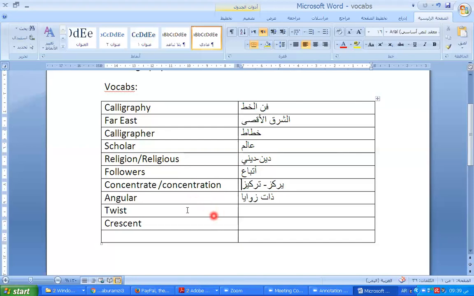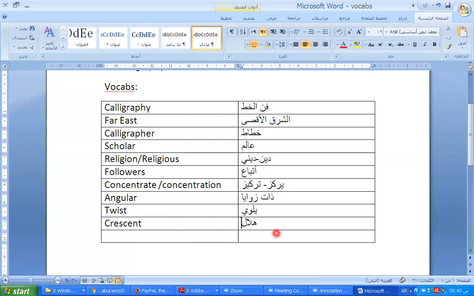Angular. Angle, angle, angular. من كلمة angle اللي هي زاوية. Angular، زاوي. ما أدري إذا كانت الصفة صحيحة بالعربي. نقول زاوية يعني ذات زوايا. الخط يكون فيه زوايا. Twist. ملتوي. يلوي أو يثني أو ملتوي. يلوي is a verb here.